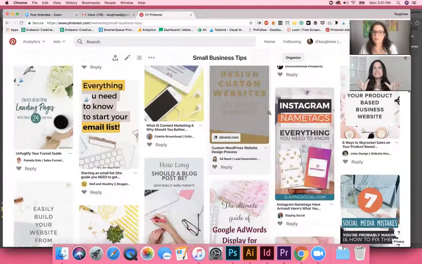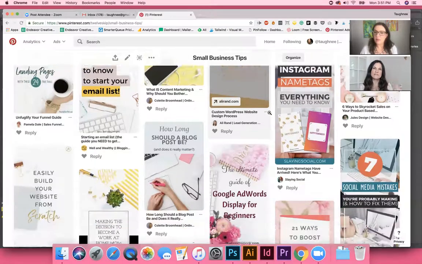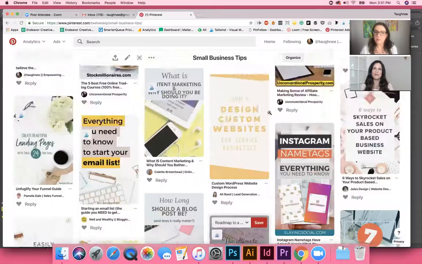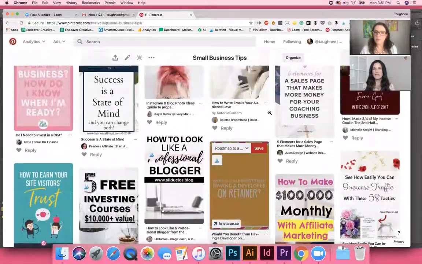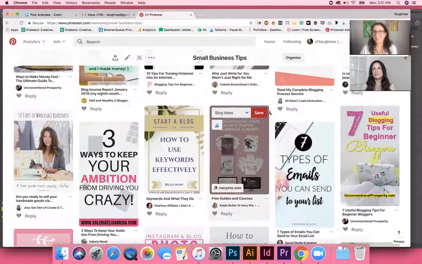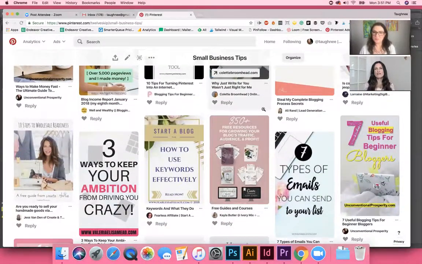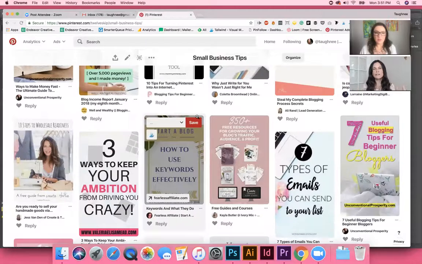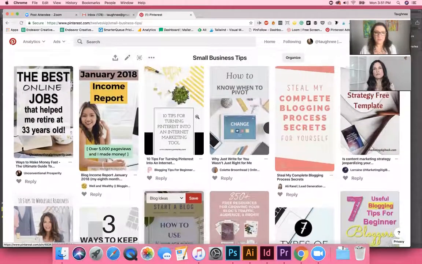See, and that's the thing that we were talking about, is how you can start to build a brand, because when you share pins and you stay consistent with your own branding, you're going to get people clicking on your pins because they recognize it as being you. Right. And the headlines that you use for your pins are so important.